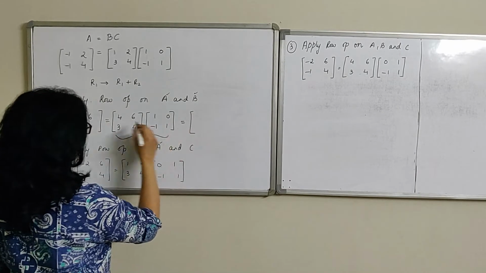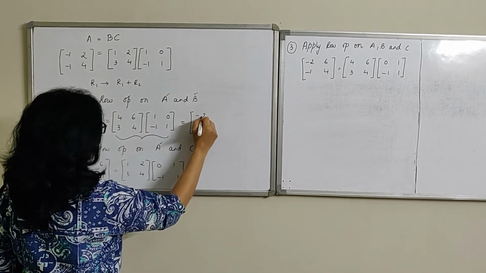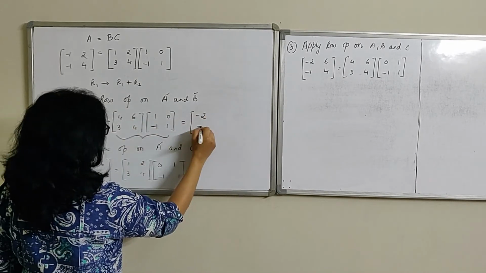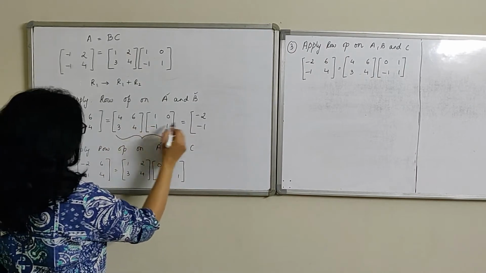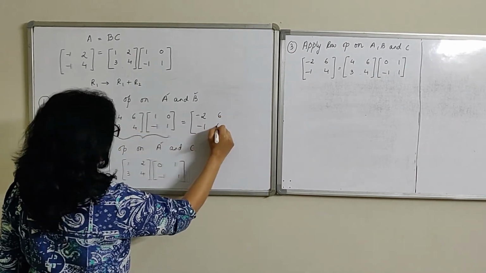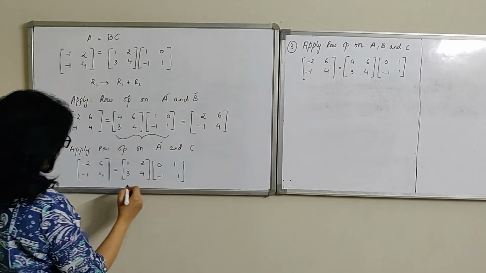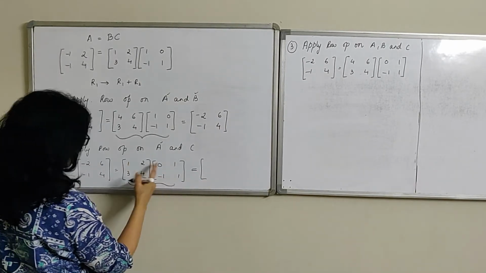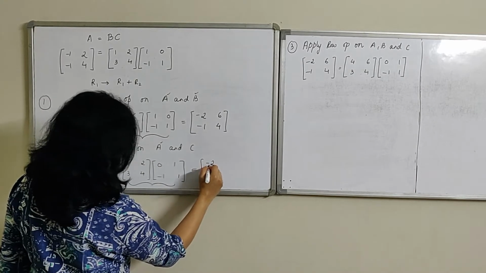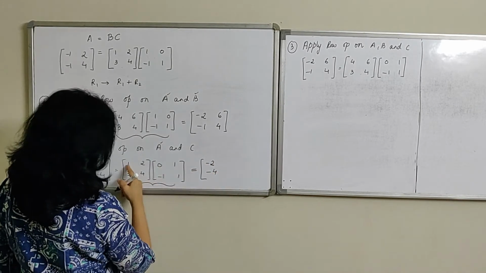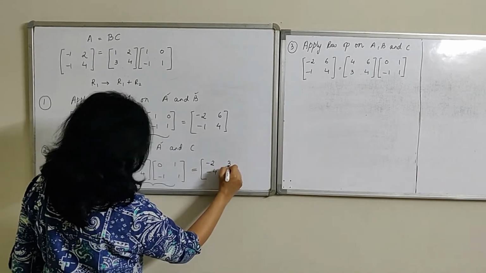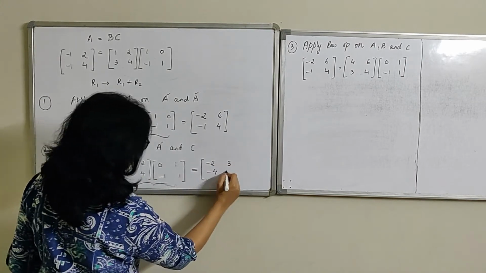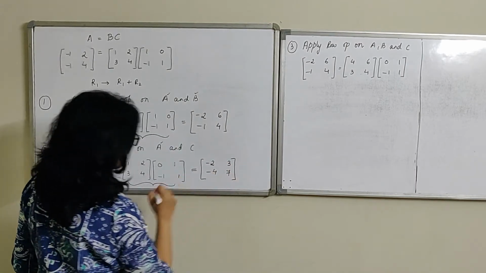So the product would be 4 minus 6, minus 2, 3 minus 4, minus 1. This is 6 and this is 4. Likewise, let's find this product again. So it is 1, 0 minus 2, this is minus 4, and 1 plus 2, 3, this is 3 plus 4, 7.